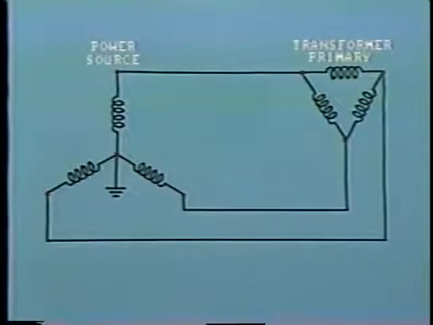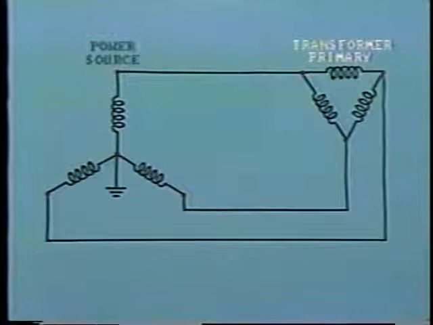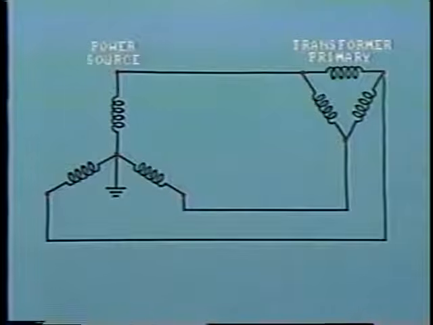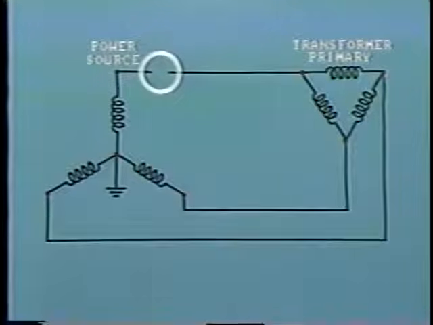Typically, this can occur where we have a delta-connected primary of a distribution transformer. In this system, the distribution line is being fed from a Y-connected secondary with the neutral grounded. As this is a distribution line, fuses are often used, so let's consider the situation where one fuse only blows such that we have one phase open-circuited.